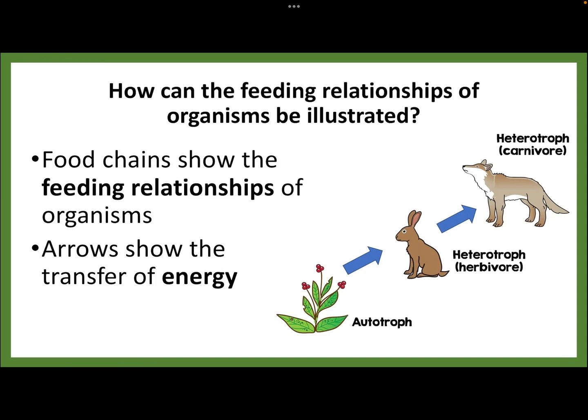Your arrows show the transfer of energy. Remember that your arrows always go with the flow. So in this diagram, the energy goes from the autotroph, which is your berry plant there, to the rabbit, and then it goes from the rabbit into the wolf.